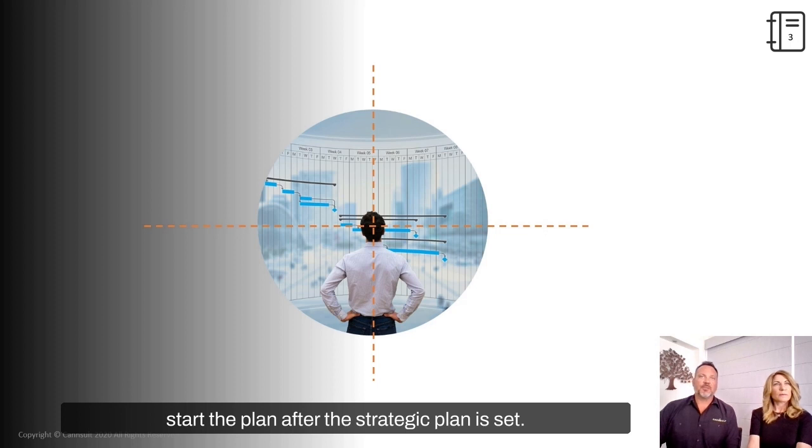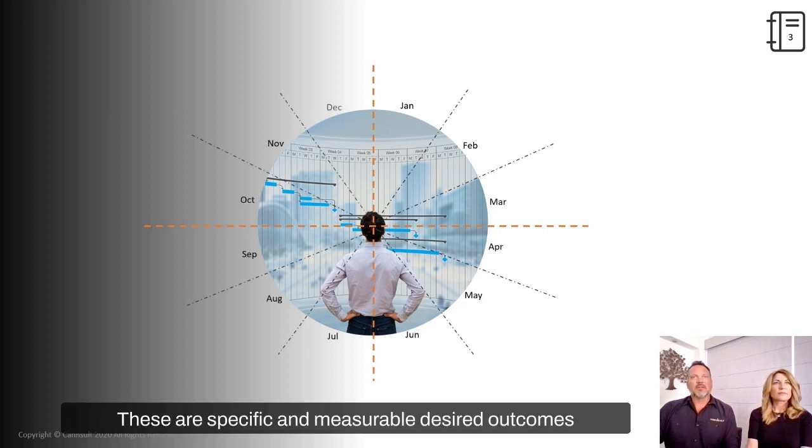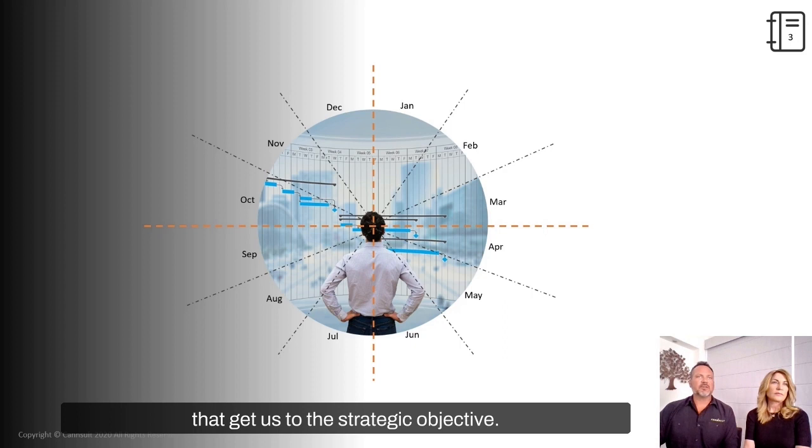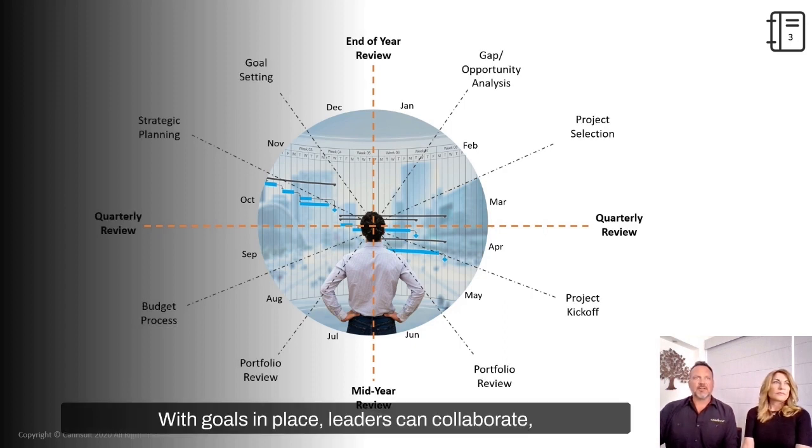After the strategic plan is set, moving clockwise around the map, leadership can establish goals. These are specific and measurable desired outcomes that get us to the strategic objective. With goals in place, leaders can collaborate, identify gaps and opportunities for improvement.